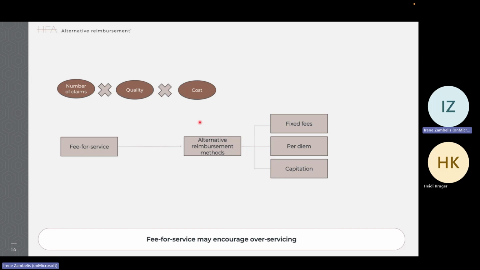What we've discussed up to now really focuses on decreasing the number of claims without compromising the quality of the claim. But it doesn't really impact the cost of the claim, especially because there is no regulated tariff for private providers in South Africa. And what that means is private providers can charge what they would like. There's no ceiling to it.